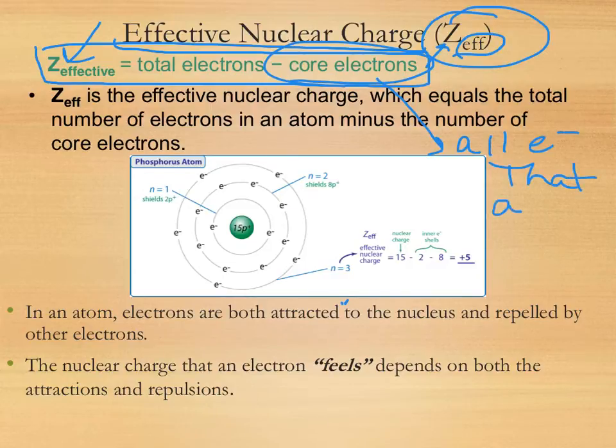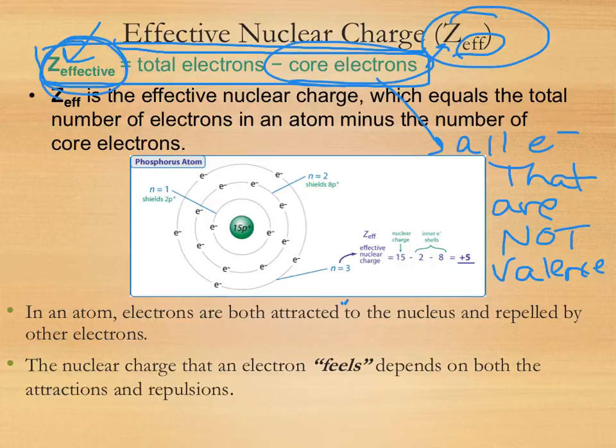So all the inner electrons are the core electrons. And so what is this formula saying? It is saying the effective nuclear charge. Now remember, a nucleus has a positive charge in it, right, because of the protons. So the effective positive charge that electrons feel is equal to the total electrons minus the core electrons.